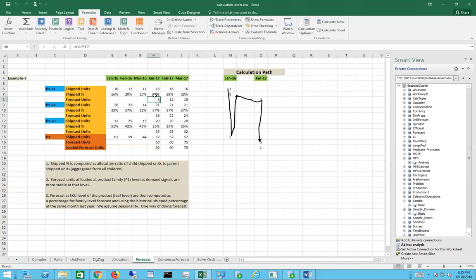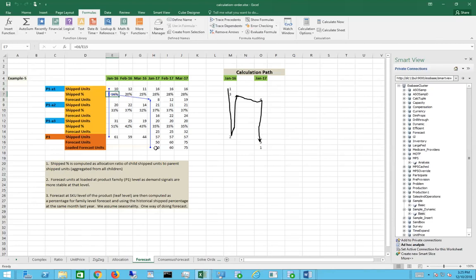Another one which is commonly seen is you compute forecast based on historical ship percentage. Here, forecast is loaded at a higher grain so that you avoid some of the fluctuation at the individual SKU level. It's loaded more at a family level. But if I want to compute a forecast at a SKU level, I look at the historical ship percentage, which is computed like we showed in the previous one, right?